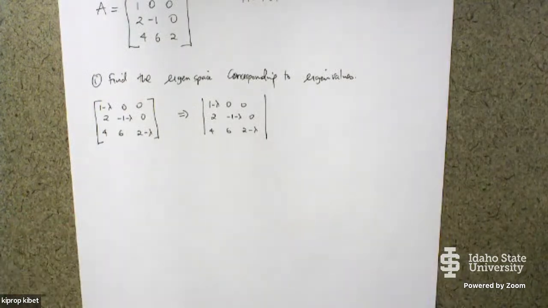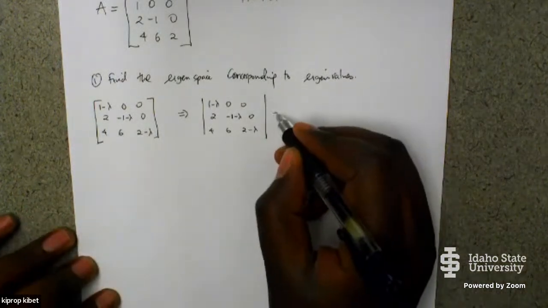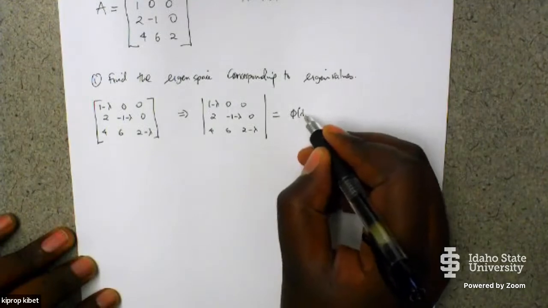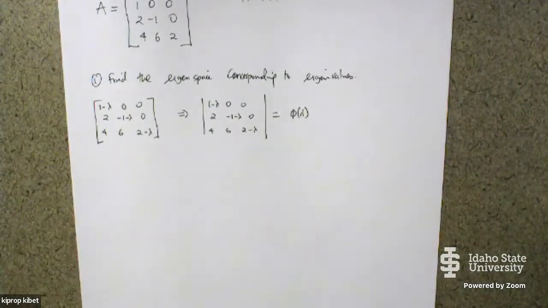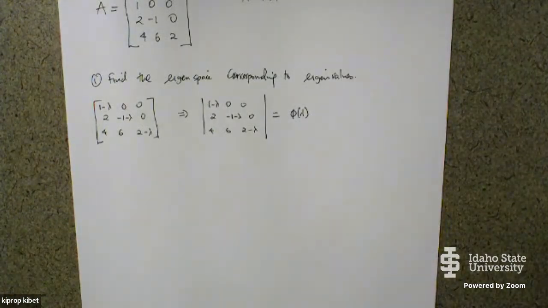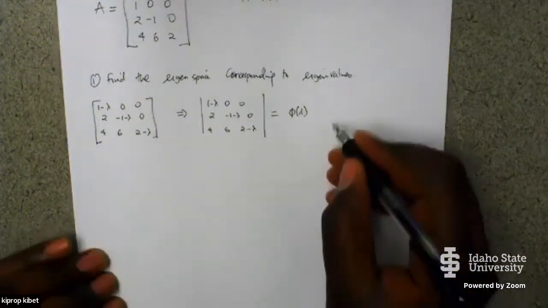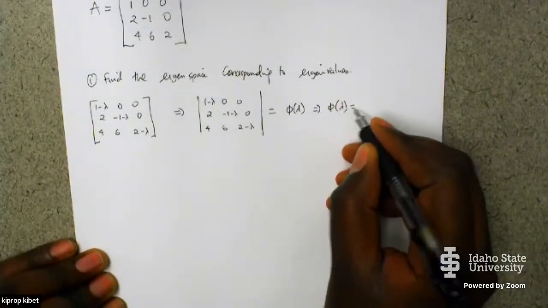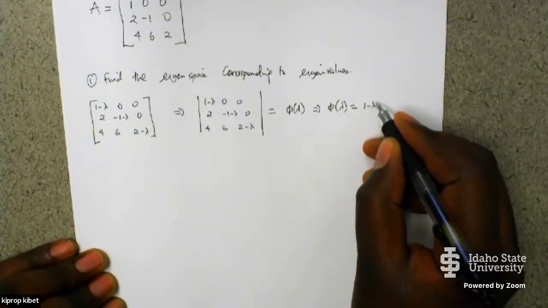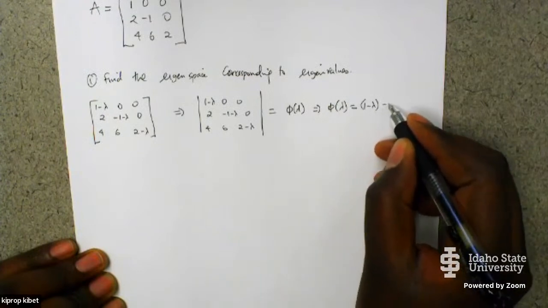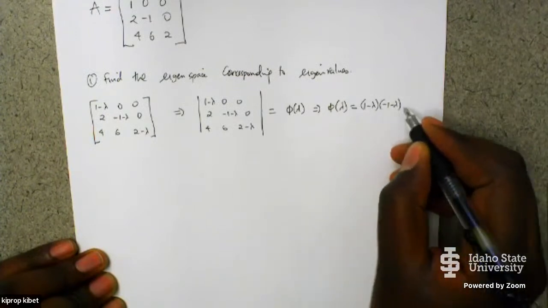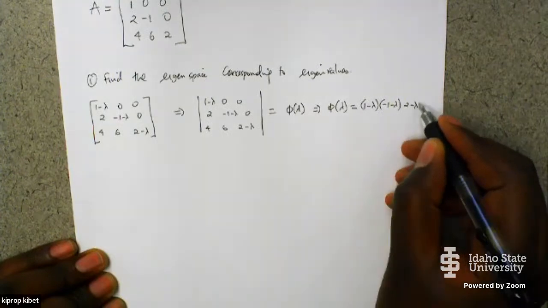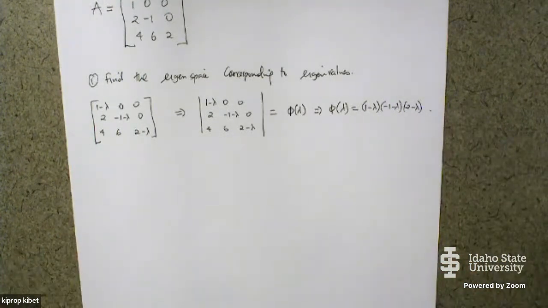The determinant there is giving us the characteristic polynomial, which will be equal to (1 minus lambda)(minus 1 minus lambda)(2 minus lambda).